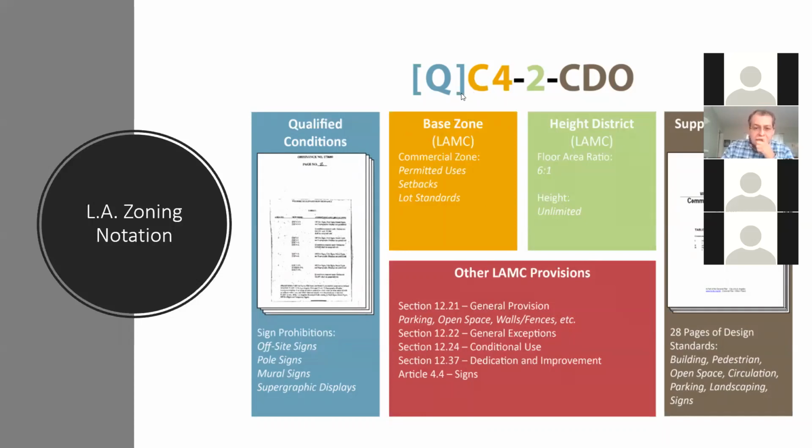Sometimes they'll have a prefix which would be either a qualified Q or T condition, which is either qualified or tentative conditions. Qualified conditions, as it says here, there's not really any base definition. It's just another layer of zoning that either limits particular uses or will limit the development parameters that you can achieve on the site.